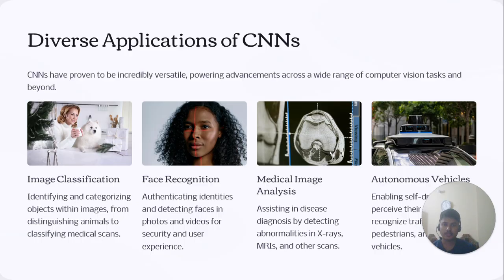Also in medical image analysis, doctors can use this to spot abnormalities in X-rays, MRIs, and other imaging for diagnosis. Also in autonomous vehicles, CNNs allow cars to perceive their surroundings and make safer driving decisions.